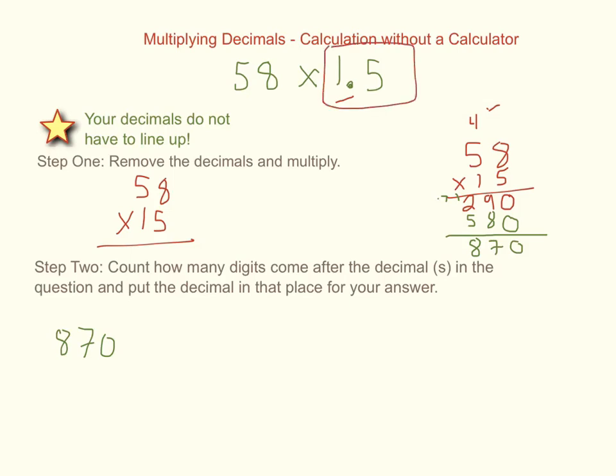We found our decimal, and there is only one digit after the decimal. So we look at our answer, and the decimal is going to go there, and we get an answer of 87.0. So that's all it is.